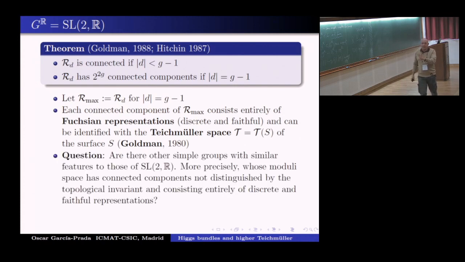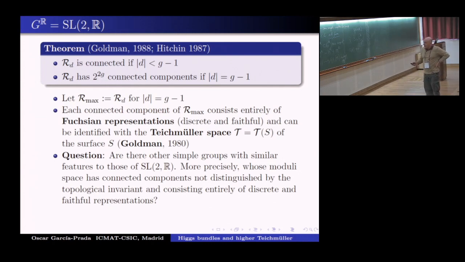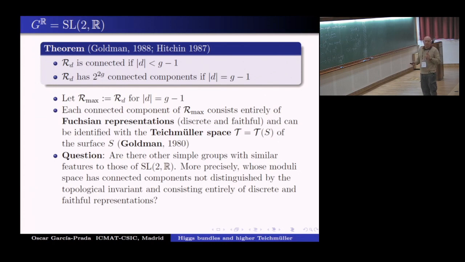This is the question that gives rise to these lectures: whether there are other simple groups with features similar to those of SL2R. By similar features, we mean exactly these two phenomena. First, the moduli space has connected components that are not distinguished by the obvious topological invariant that I defined.